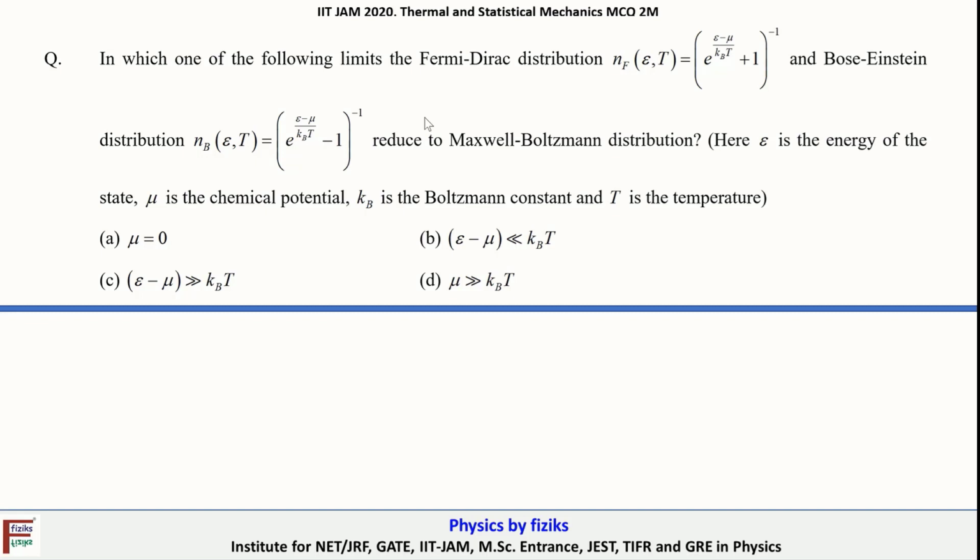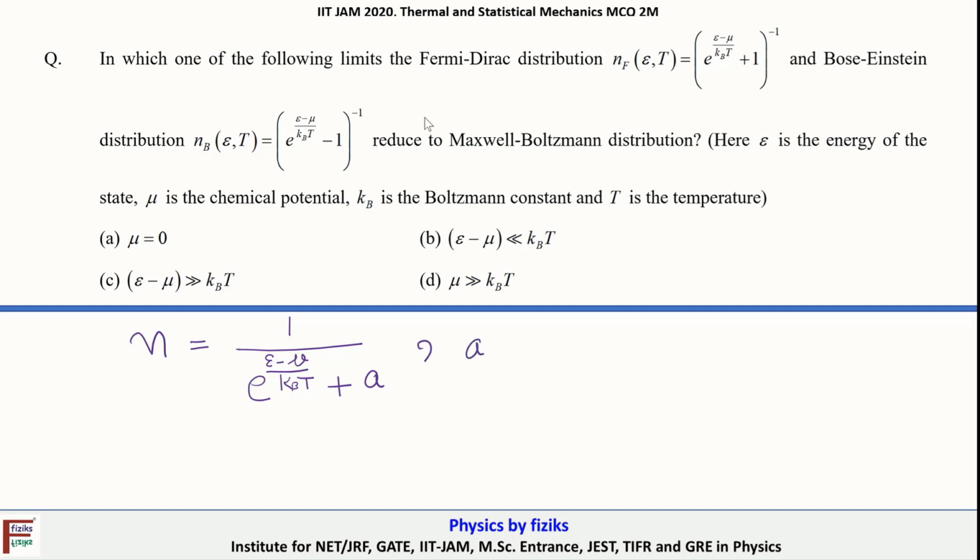So in order to find the correct option, let's first write the general expression for the distribution function. The general expression for all three statistics can be written like this. Let's denote it by n. n is equal to 1 divided by exponential (E minus mu by kT) plus a. Now what is a here?